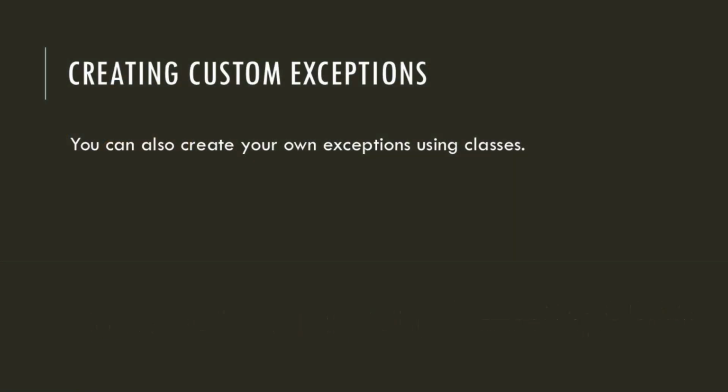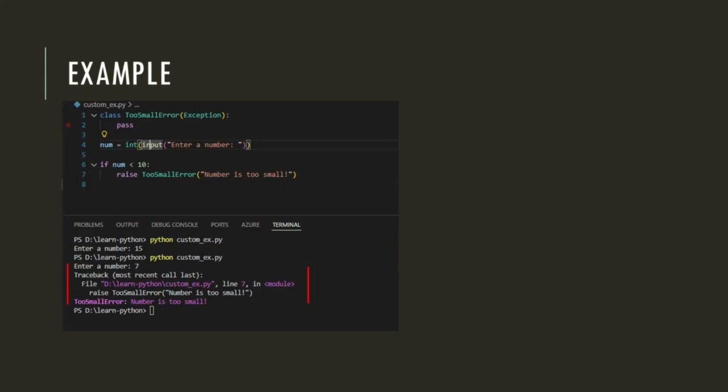You can also create your own exceptions using classes. For example: class TooSmallError(Exception): pass. num = int(input("Enter a number")). If num < 10: raise TooSmallError("Number is too small"). Here in this example we have created a custom exception called TooSmallError, which is defined as our requirement of a number more than 10.